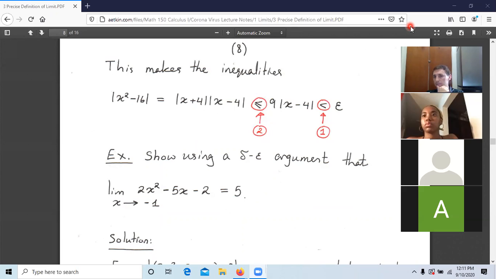So, Dragon, what's the delta? If delta is 2, then you're saying that I never have to shrink my input interval.